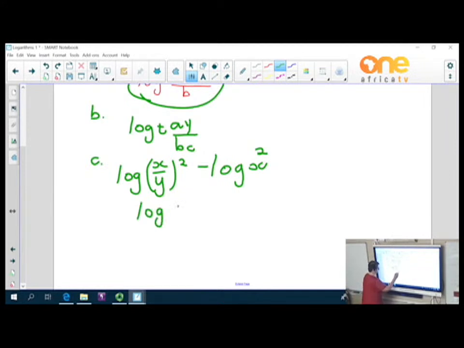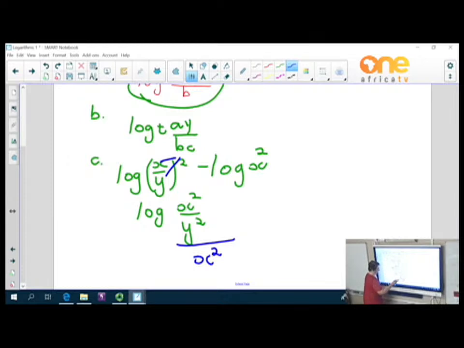So it becomes log x squared over y squared, first just removing that power there to each one. And now because I subtract, I have to divide by x squared.